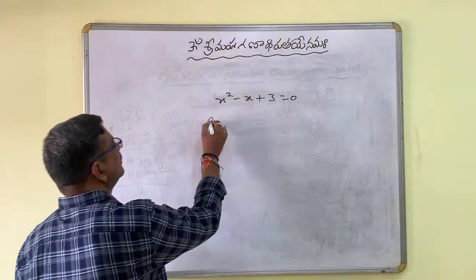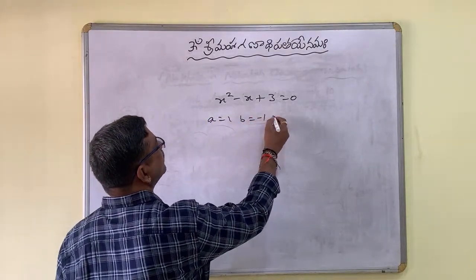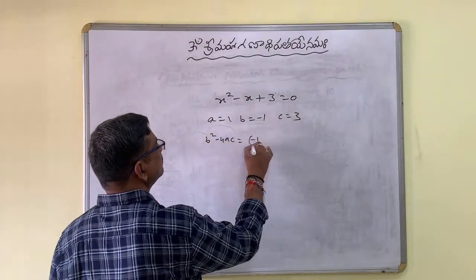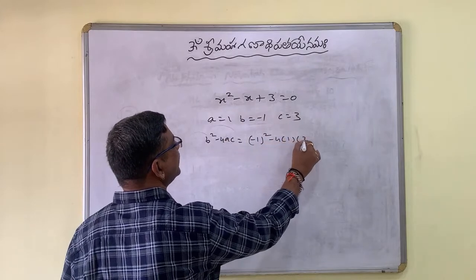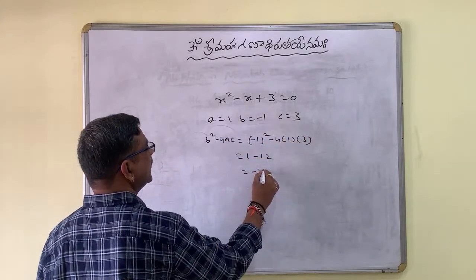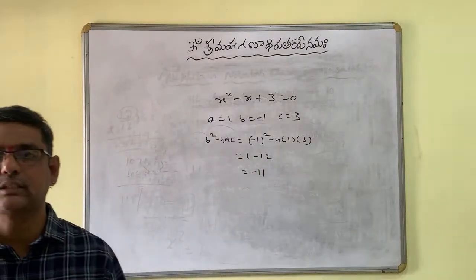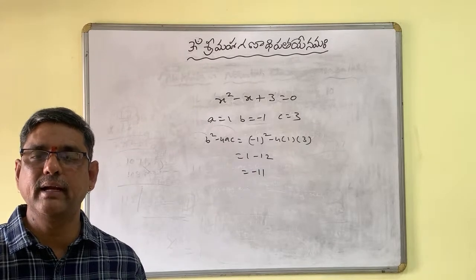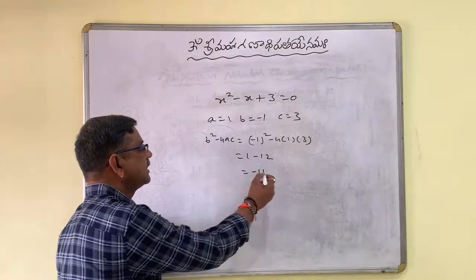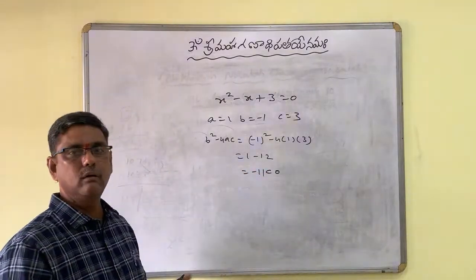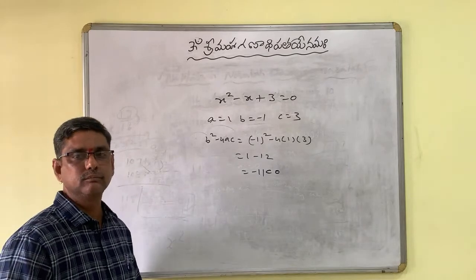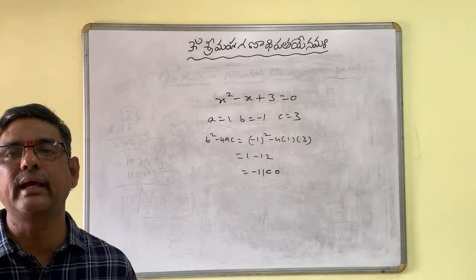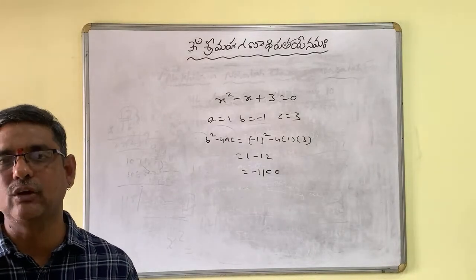Now a is 1, b is minus 1, c is 3. b square minus 4ac: minus 1 square minus 4 into 1 into 3, 1 minus 12, negative 11. b square minus 4ac value less than 0 వచ్చింది. అంటే the given quadratic equation is not having real roots అని రాసి వదిలేయాలి యాక్చువల్గా.